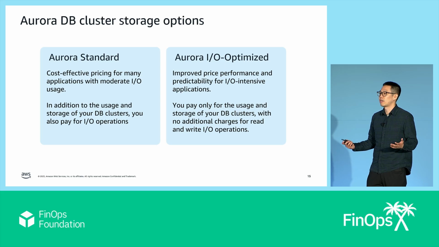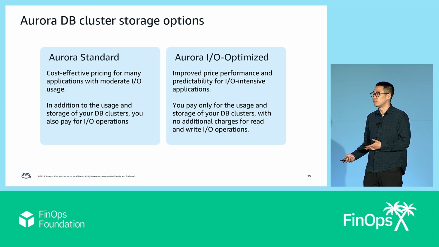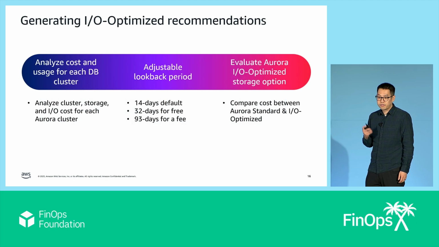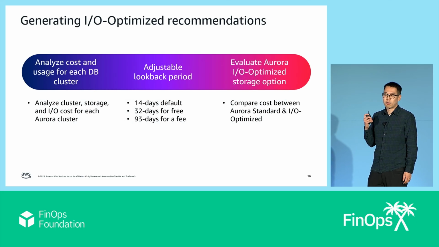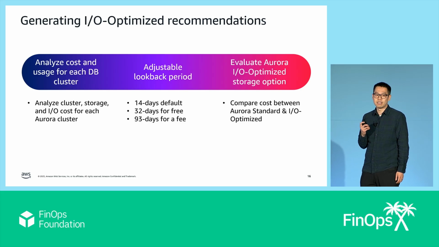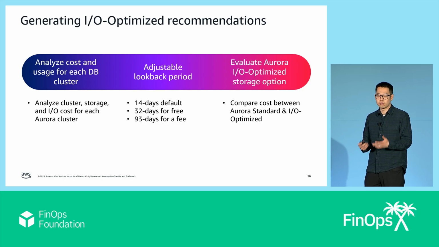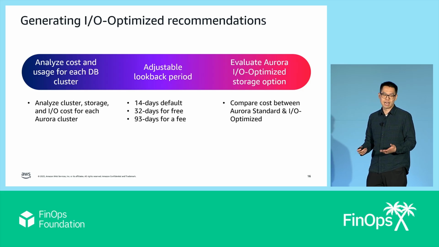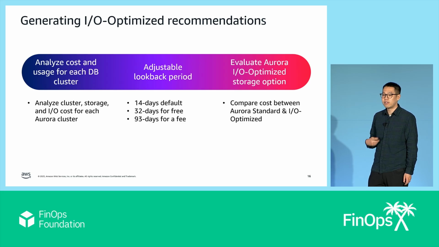So how do you choose? How do you know when to use Aurora Standard, and how do you know when to migrate over to I/O-Optimized? Well, we've done the heavy lifting for you. For every Aurora cluster in your organization, we analyze the database instances in that cluster. We analyze the cost and usage of the storage as well as the I/O in that cluster to identify savings opportunities for every individual cluster.